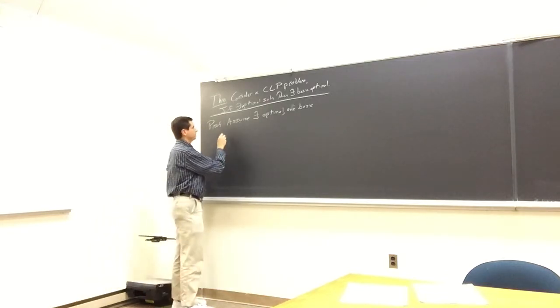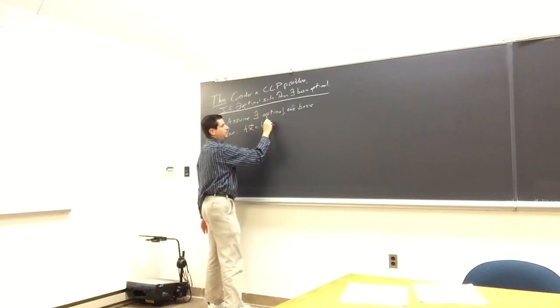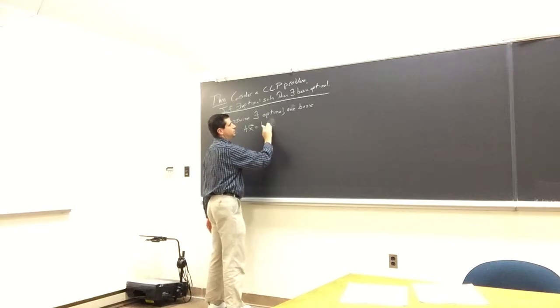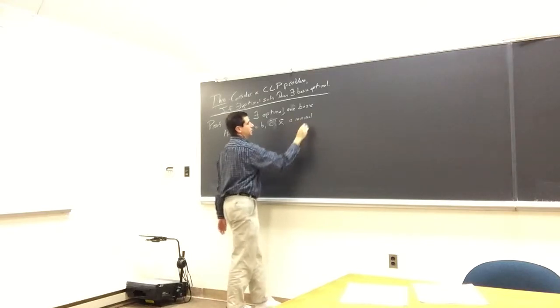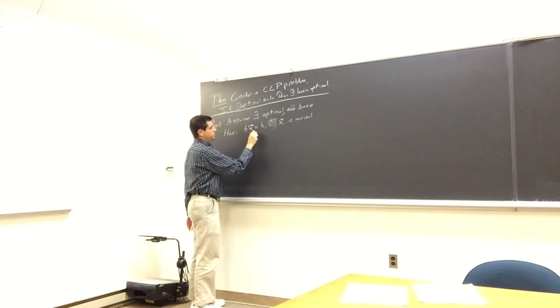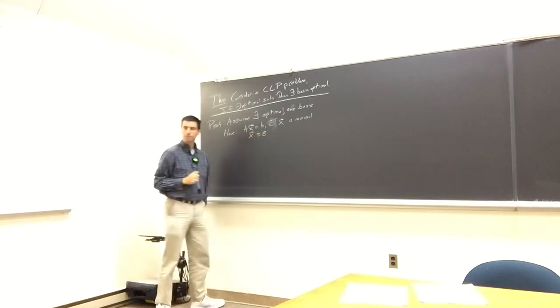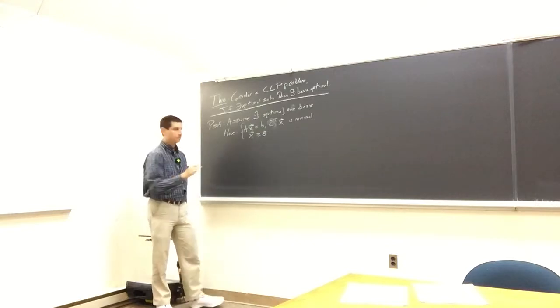So what do we have? We have Ax equals b. We have c transpose x is minimal. x is greater than or equal to 0. So these are our constraints over here, and that's the objective function.